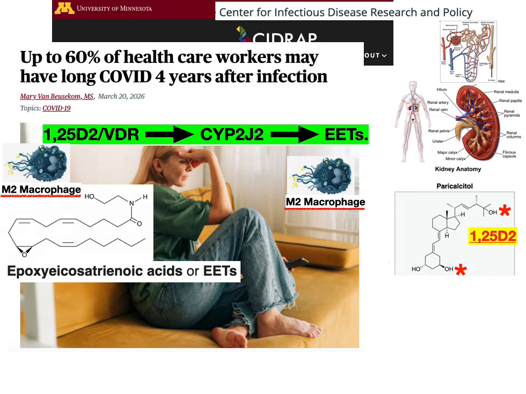So utilizing paricalcitol to stimulate vitamin D receptors, it is now known that this upregulates the epoxygenase enzyme CYP2J2, which converts arachidonic acid into EETs. These EETs shift the epigenetic trajectory of macrophages from M1 phenotypes to M2 phenotypes.